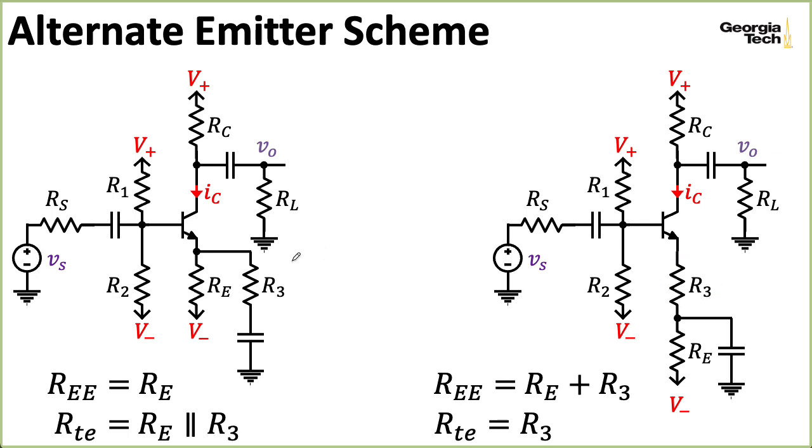Now the scheme on the left is a little more convenient for playing around with trim pots on the breadboard, because what you can do is you can make RE a pot, or more likely a resistor in series with a potentiometer hooked as a variable resistor, and you can adjust that to set the bias. And then after you set the bias, you can adjust the gain by adjusting R3 with another trim pot.